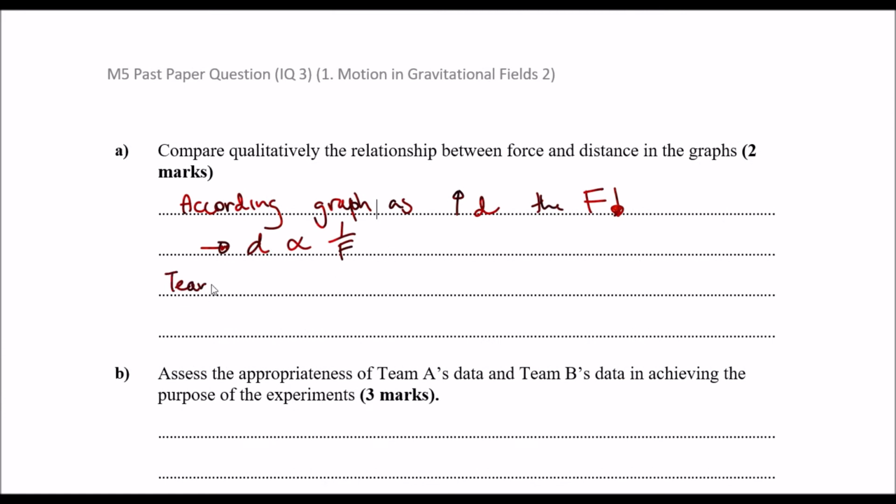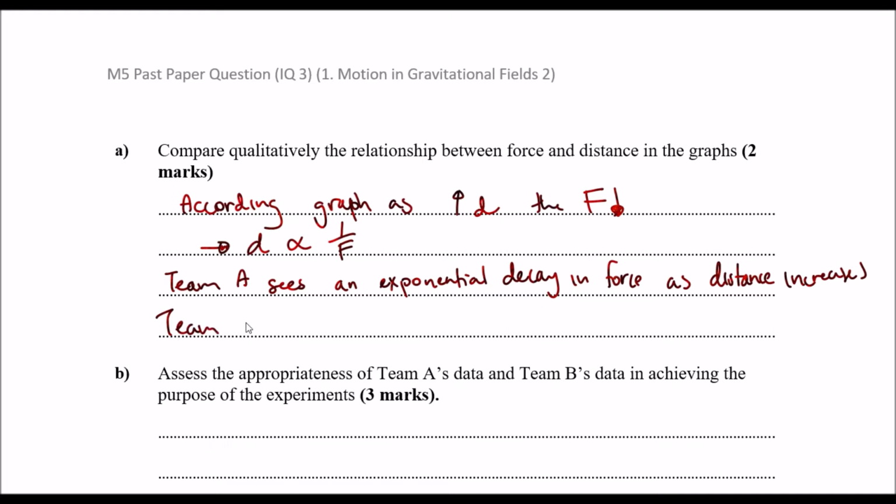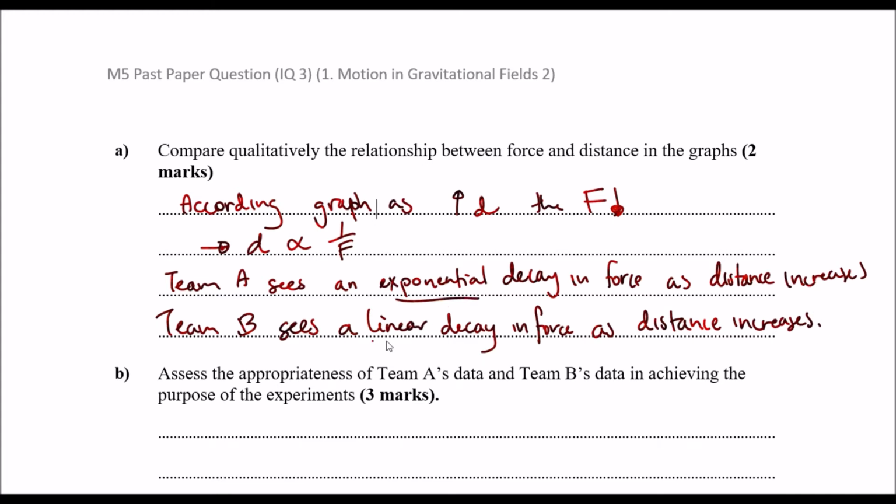So Team A sees an exponential decay in force as distance increases, while as Team B sees a linear decay, or linear decrease if you want, in force as distance increases. So that's the difference there. One is exponential, one is linear.